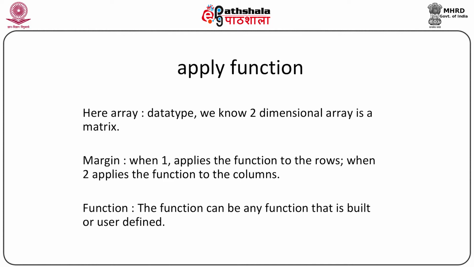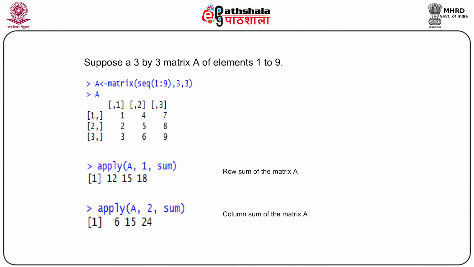So perhaps one of the other apply functions would be a better choice if time and efficiency are very important. Why are we telling this? Because we know that loops make a program a bit slow, that is, they increase the runtime of the program. So, let's consider the example.